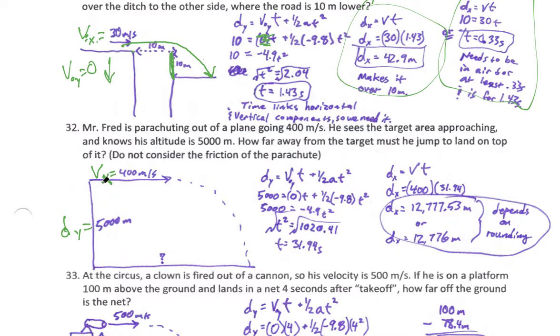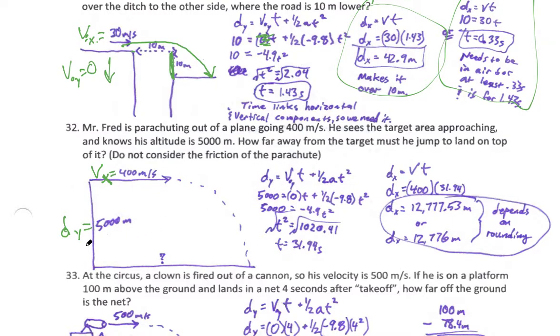So I know that he's falling for 5,000 meters. So that's what I'm going to use to figure out my time. Well, the only two formulas that I have for the y direction are either the dy formula or the v minus v naught formula. Well, v minus v naught doesn't have distance in it, so that leaves me with this formula to go with.